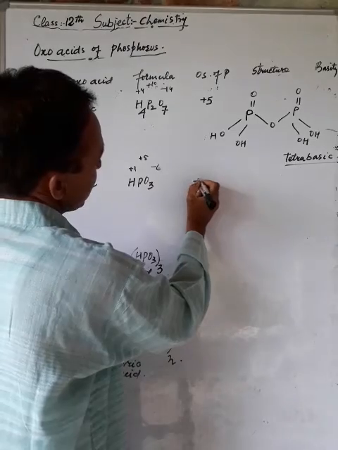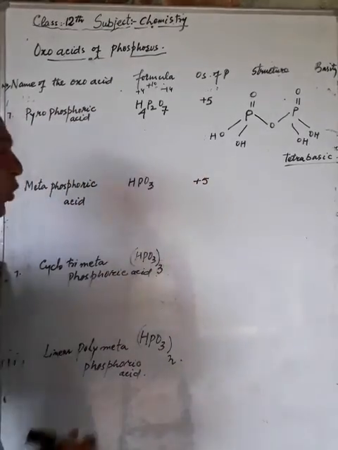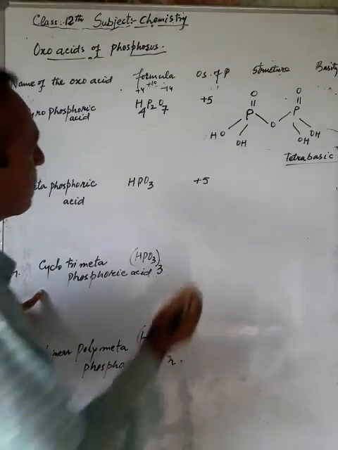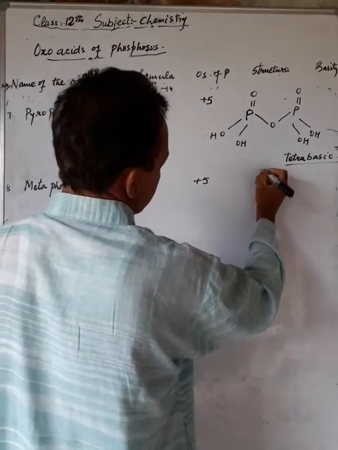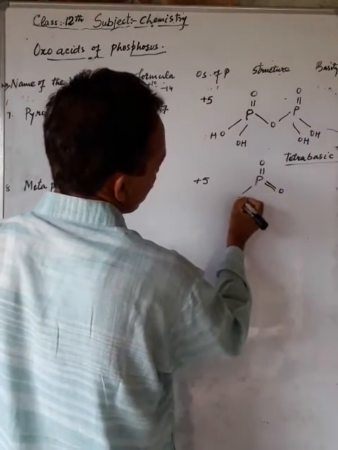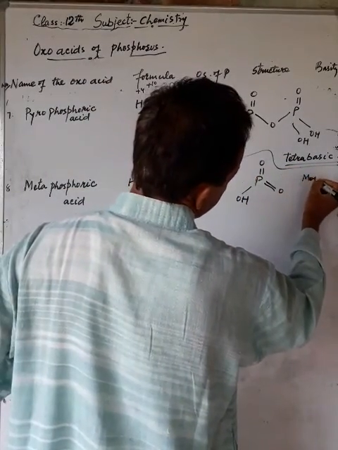So phosphorus is in the +5 oxidation state. Although it is unstable and exists in the polymeric form, its structure can be like this: P double bond O, double bond O, OH, and it is monobasic.